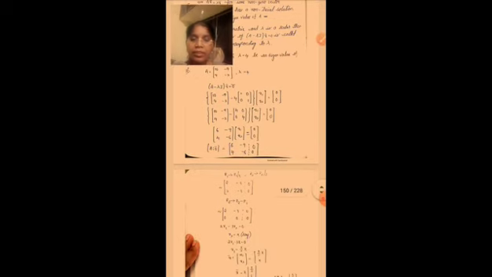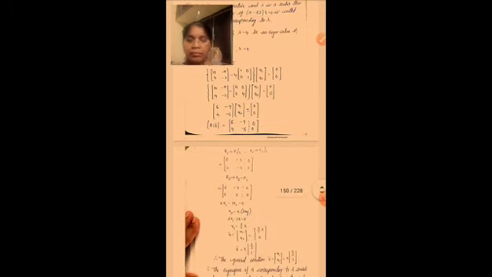In R1 we apply R1 divided by 3, and in R2, R2 divided by 2. Divide R1 by 3 and R2 by 2. Then 6 by 3 is 2, and minus 9 by 3 is minus 3, 0.